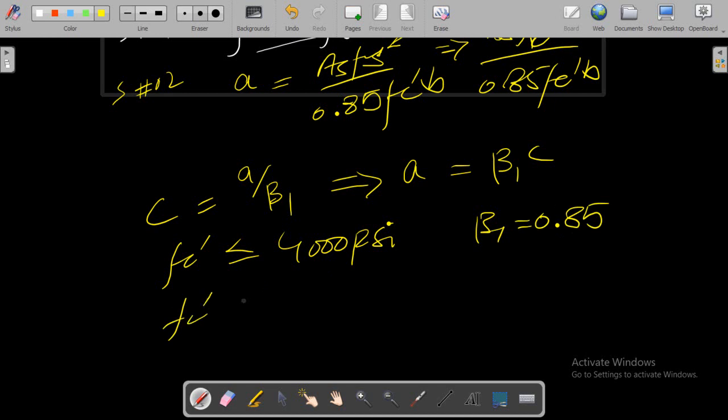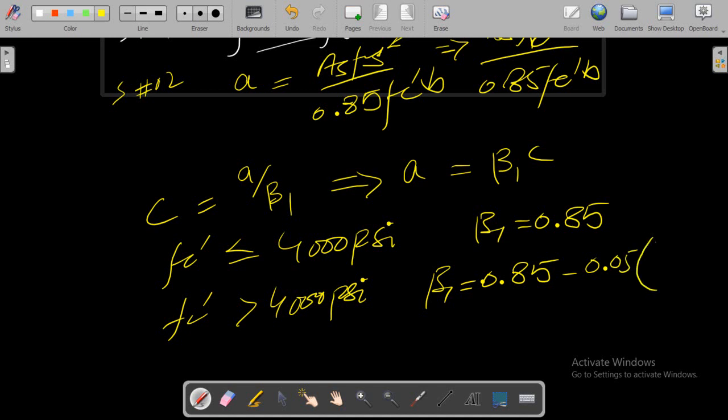But if fc prime is greater than 4000 psi, beta 1 will be adjusted using the equation 0.85 minus 0.05 into (fc prime minus 4000) divided by 1000.